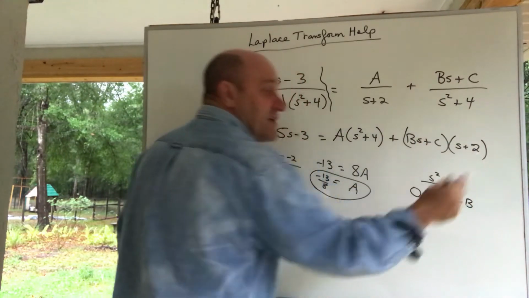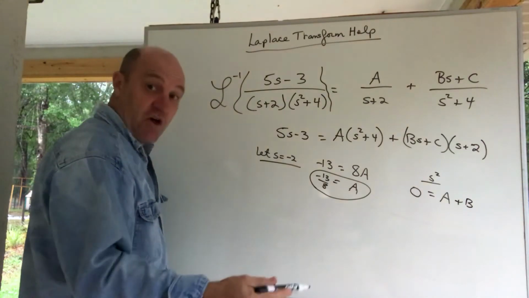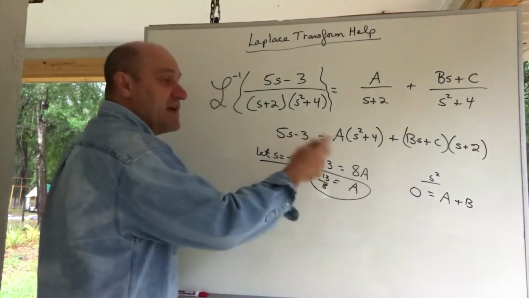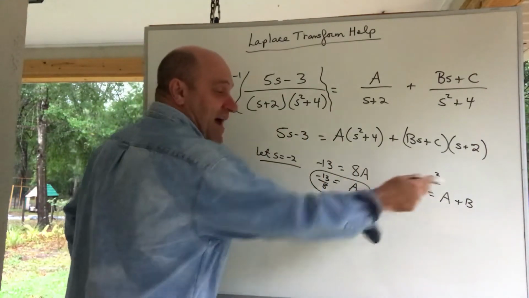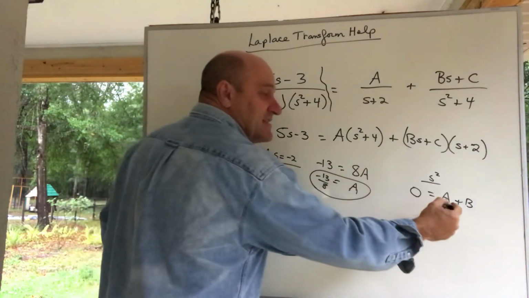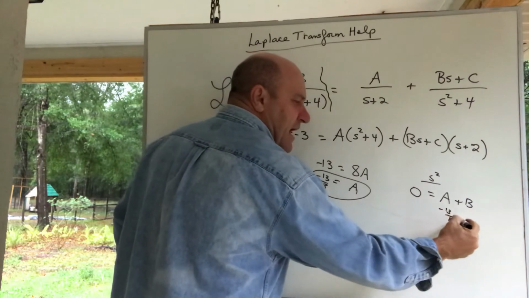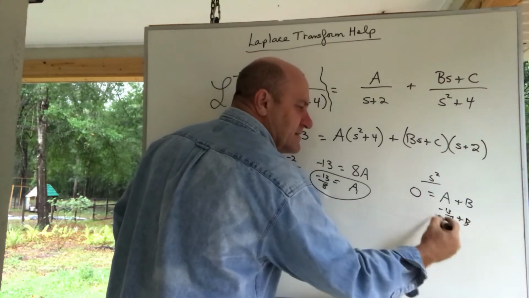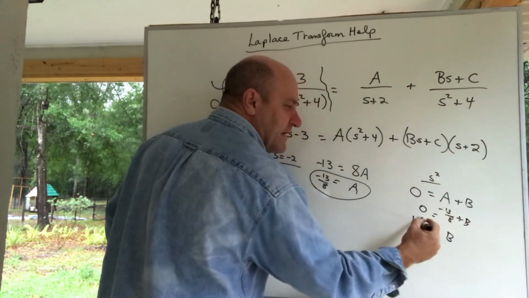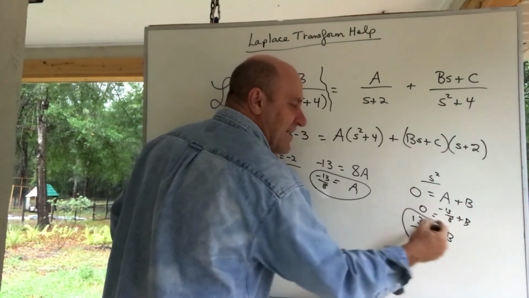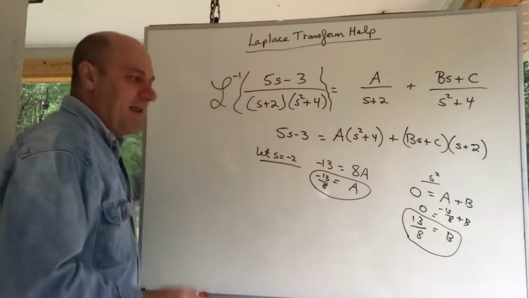And that's all the s squareds. So by equating coefficients of the s squared, I can find B, because I already know A is negative 13/8. If A is negative 13/8, B is positive 13/8. All right, hang on to that. Now I know A and B.